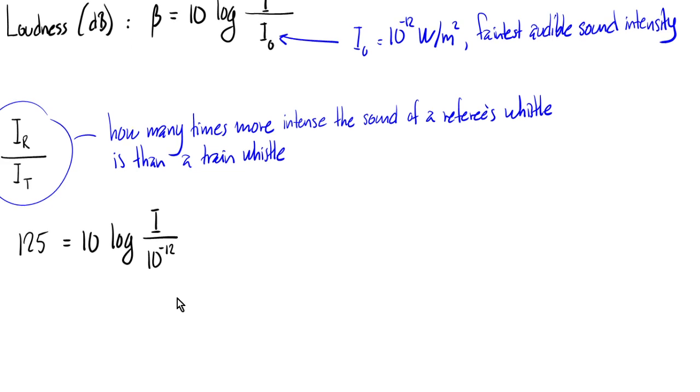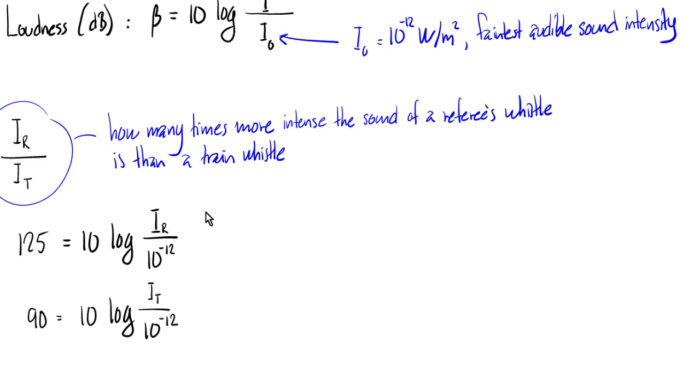Now we need to find an expression for the sound intensity. Because this is the referee's whistle, we're going to call it I sub R. For the train whistle, it's going to be 90 decibels equals 10 times log I T divided by 10 to the power of negative 12.